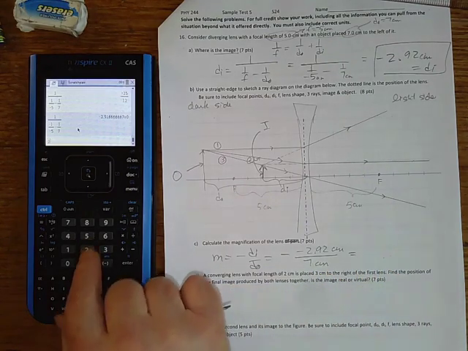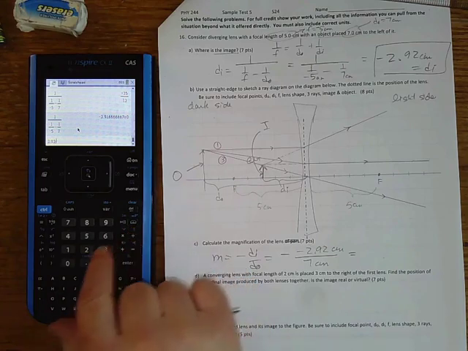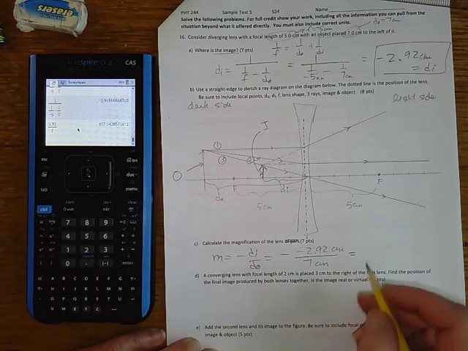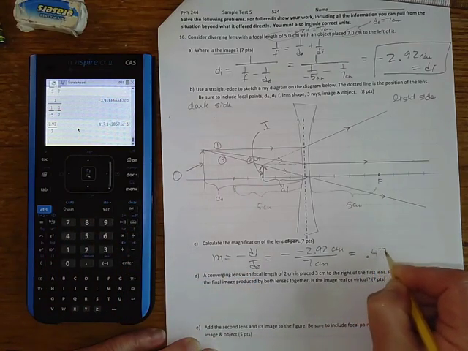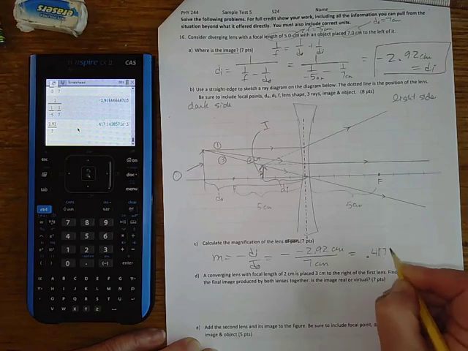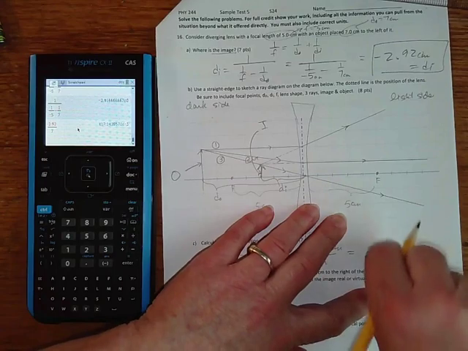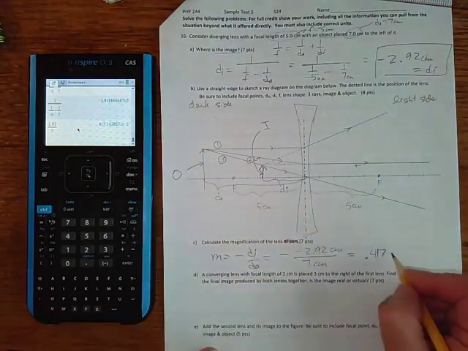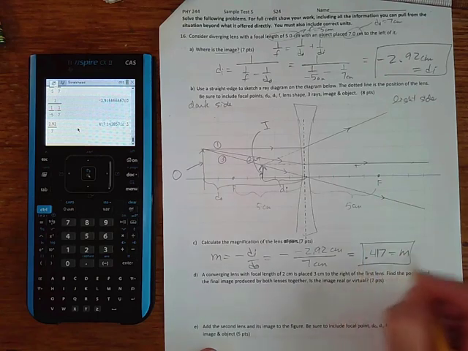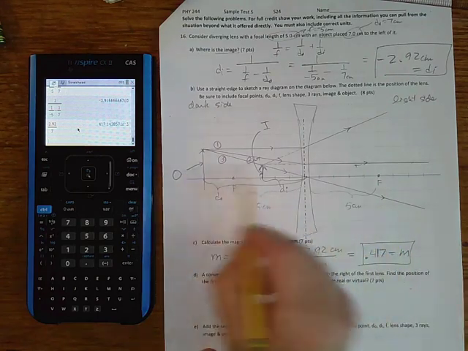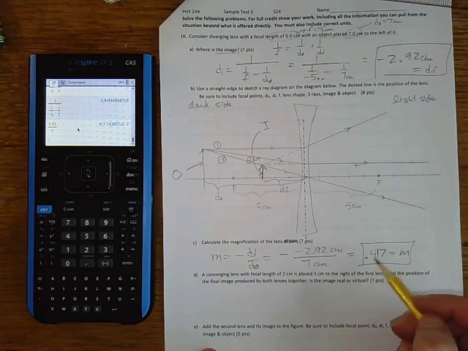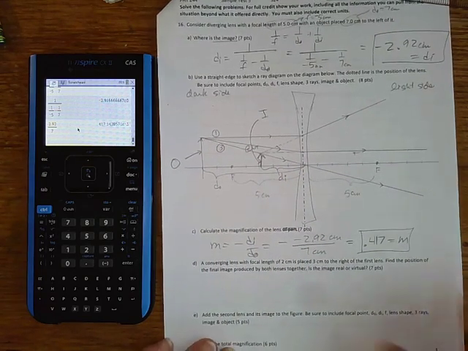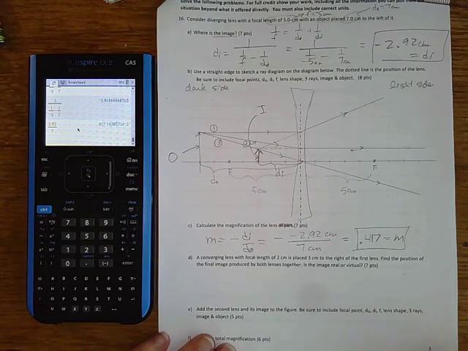Alright, so we get 2.92 divided by 7, and there's 0.417. Alright, so we expect the image to be upright since M is positive, and we expect it to be smaller than the object because M is less than 1 in magnitude, and that's what we see.